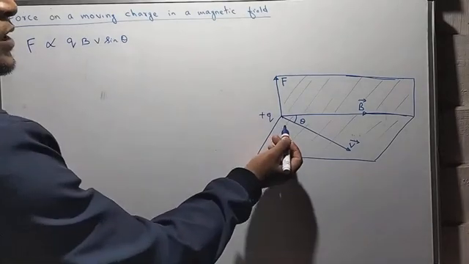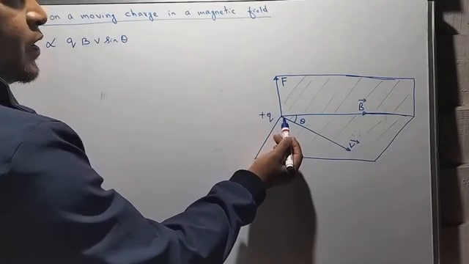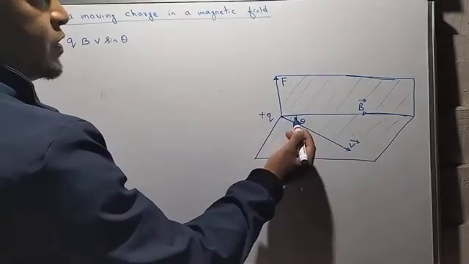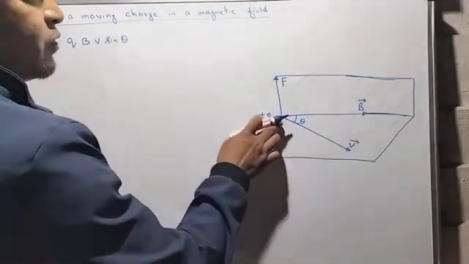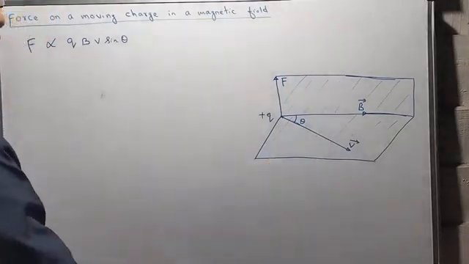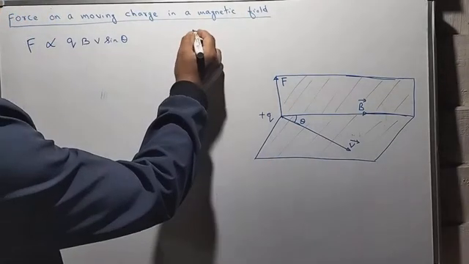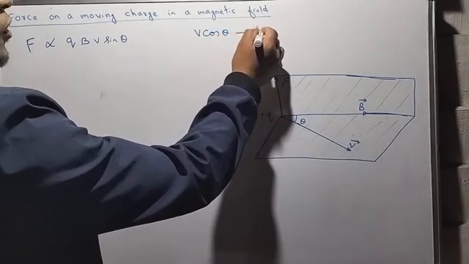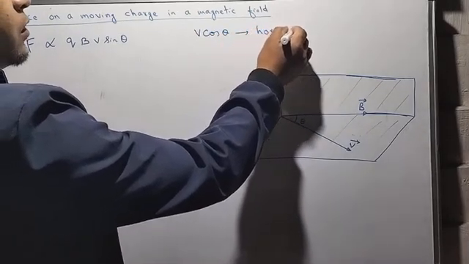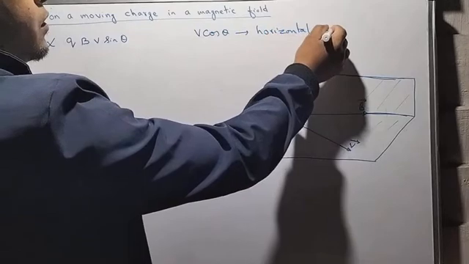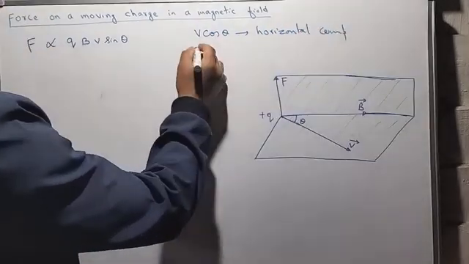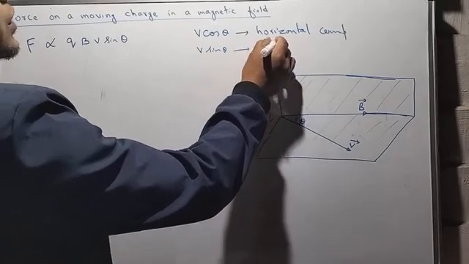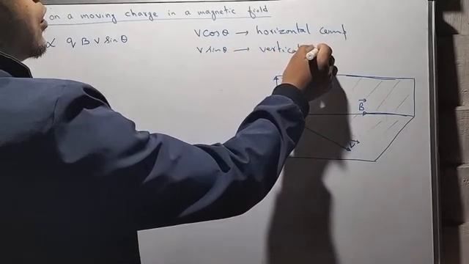Because this velocity is acting along this direction, when you resolve it into two rectangular components, you will get one is v cos theta, which is the horizontal component, and the other is v sin theta, which is the vertical component.